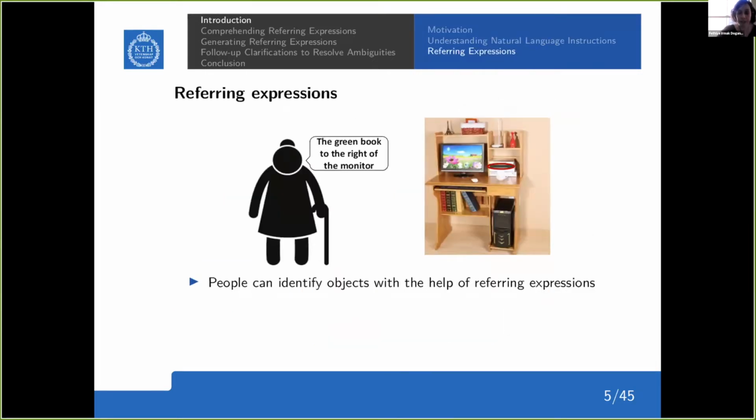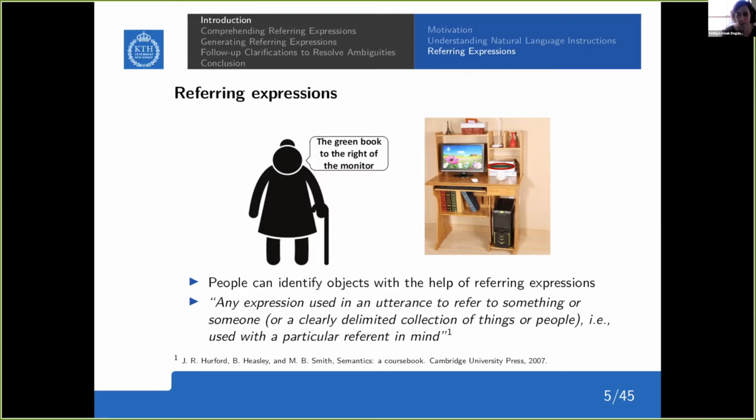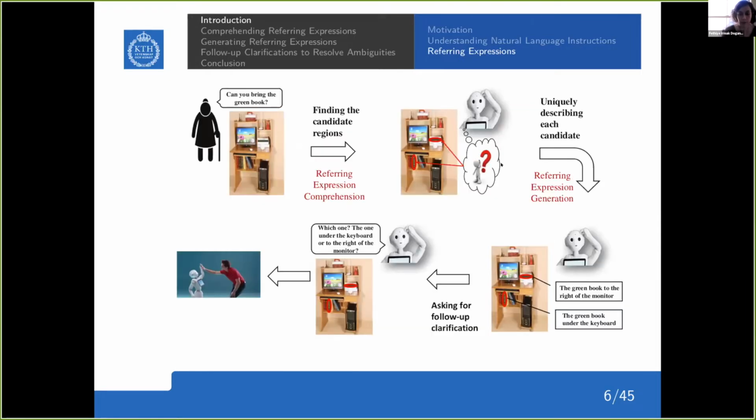And while describing objects, people generally use referring expressions. What are referring expressions? These are the expressions that describe objects with their distinguishing features. It might contain color information, shape information, or the spatial relations regarding other objects. If we go back to our pipeline, we would realize that the first part, finding the candidate regions that fit the user's description, corresponds to referring expression comprehension.